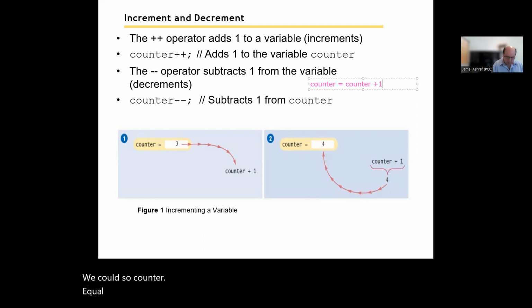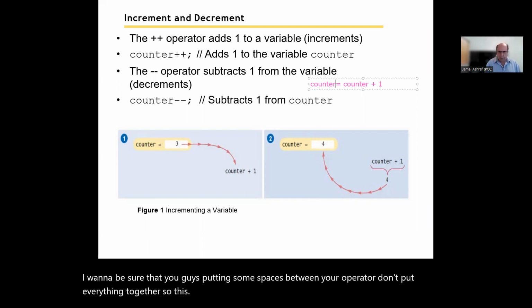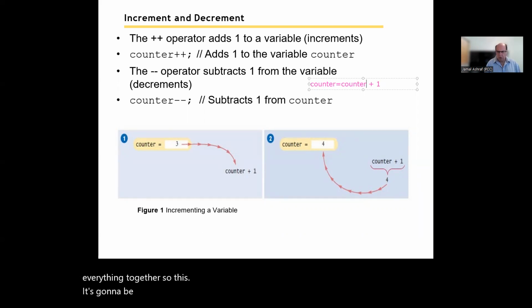counter plus 1. I want to be sure that you guys are putting some spaces around your operators. Don't put everything together, because that is going to be much harder to read. We want to be sure that we put the spaces around our operator to be easier to read.